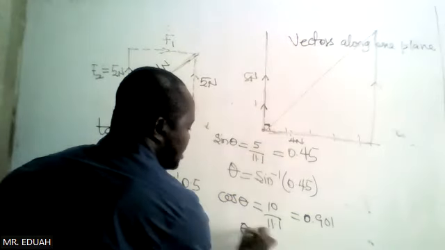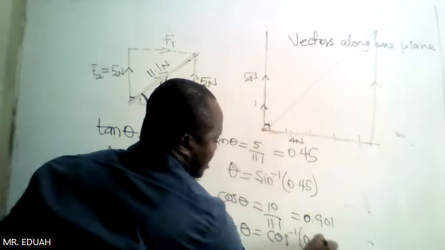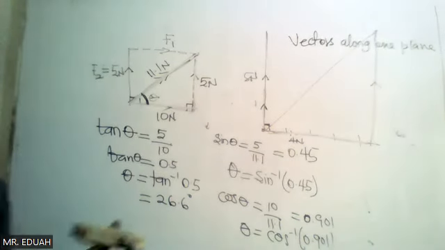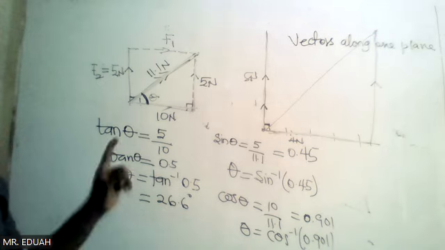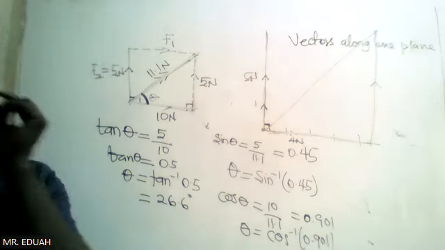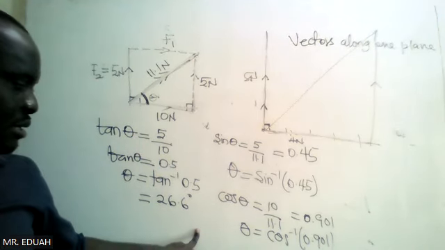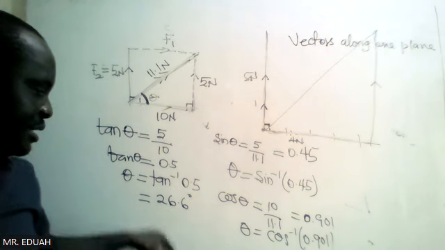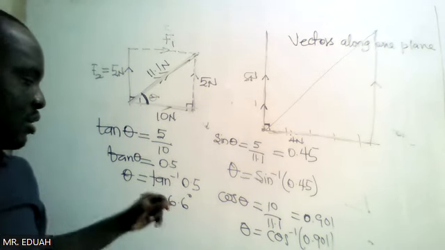So theta will be equal to the cos inverse of 0.901. Shift, cos, then you input 0.901. The answer must give you 25.7.